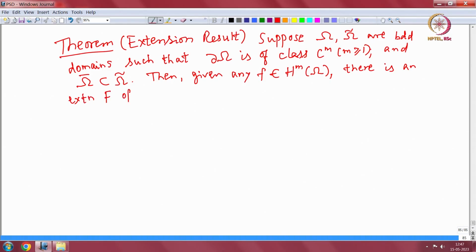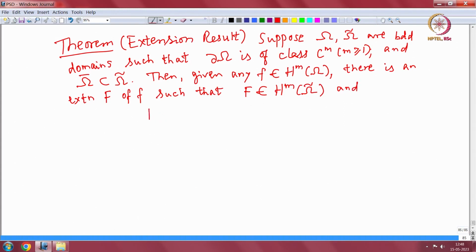capital F of f, little f, such that F is in Hm of omega tilde, and, more importantly for us, estimates. So for this F we should have control.